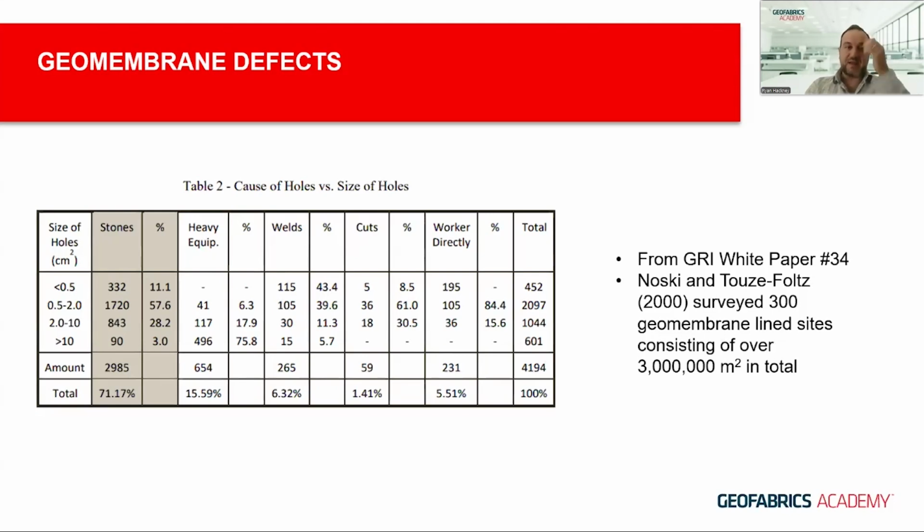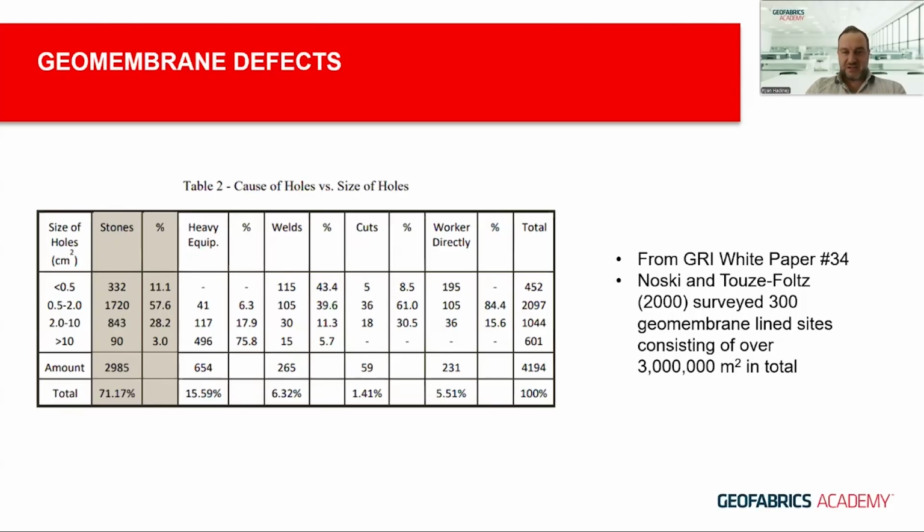So you can see from here that stones, which could be drainage aggregate on a landfill, for example, or underlying stones from the subgrade that are maybe protruding, have caused the majority of the damage in terms of the percentage of defects that have been detected as a whole.